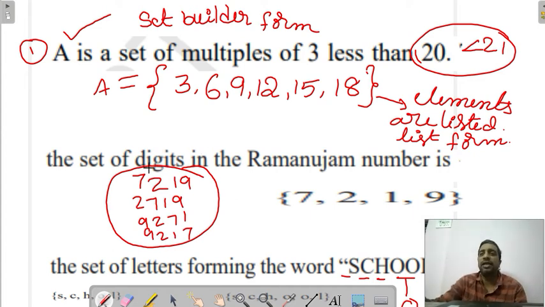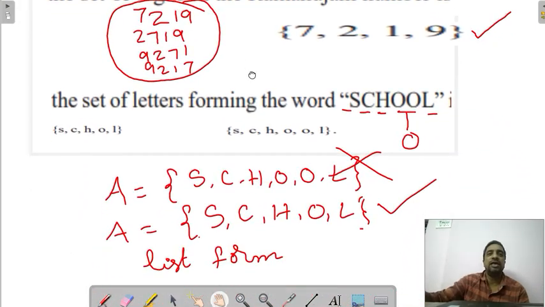If any number is given and we need to write the set using the digits, then write all these digits in set symbol: 7, 2, 1, 9. It becomes listed, meaning list form.